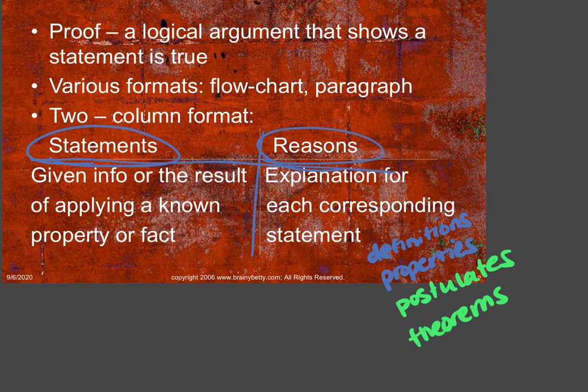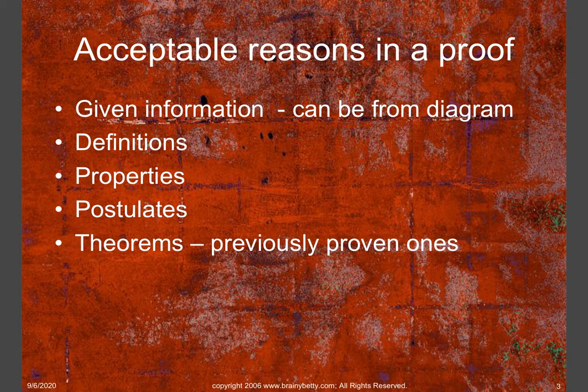We did that yesterday. Segment addition postulate would say that the big segment equals the sum of its parts. So you're going to use things like that. And then you're going to use properties like transitive or substitution. And then definitions. So that's what this says. Acceptable reasons in a proof.